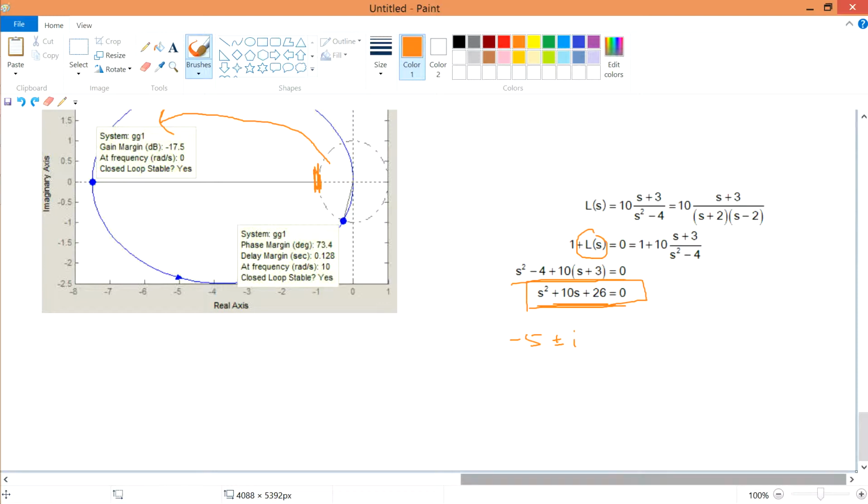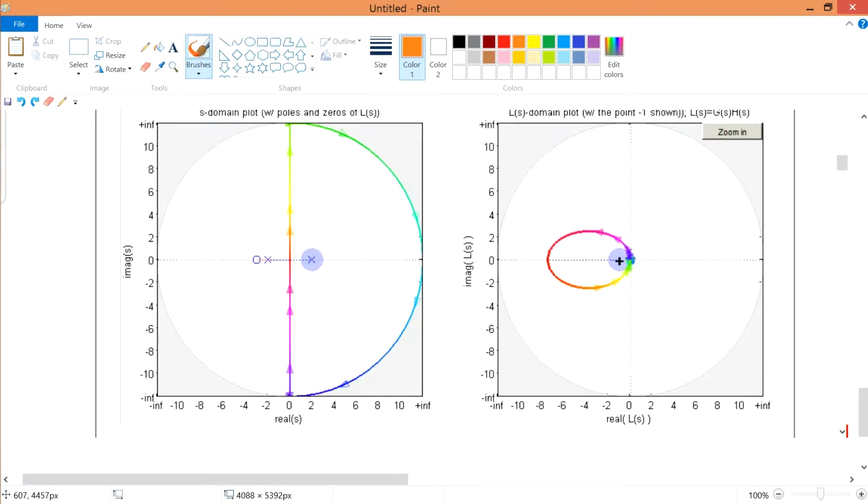Or in other words, if you want to visualize things, the two poles that we have found are actually over here. So this pole actually moved, and also perhaps these poles also move. They actually move from this side to this side.